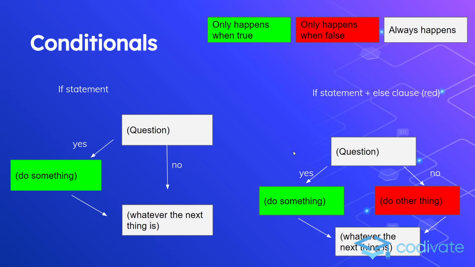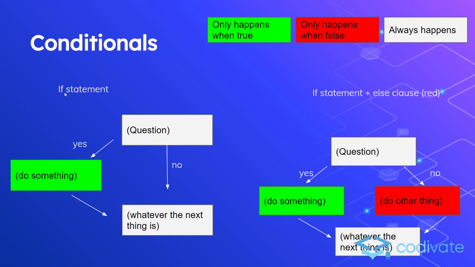Alright, so briefly, conditionals. We basically have a question that we ask the computer with a Boolean, and then we have two different options. We have if the answer to the question is yes, or if the answer to the question is no. And we can have it one of two ways.